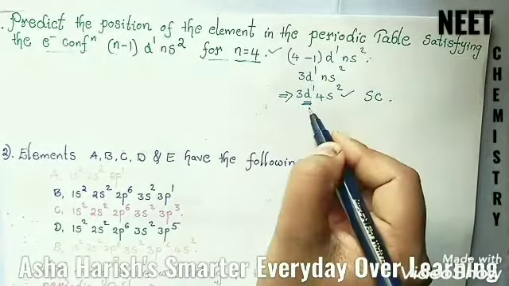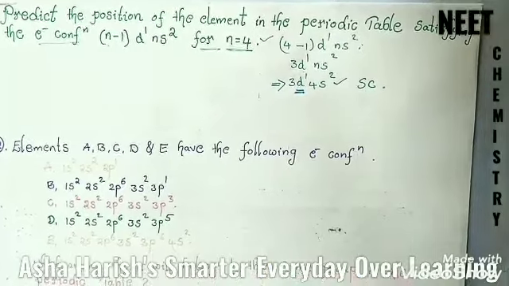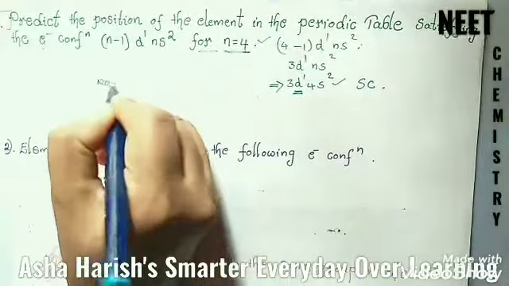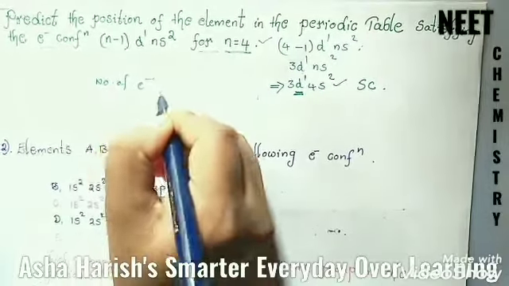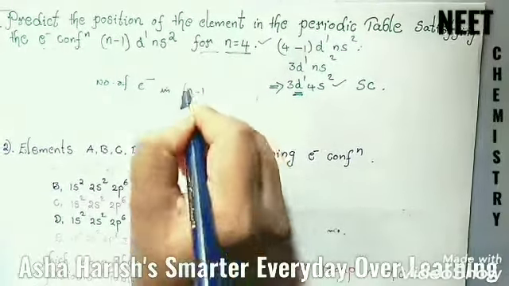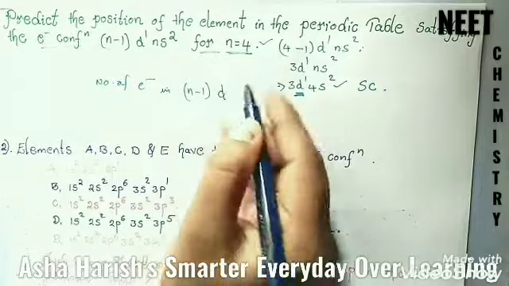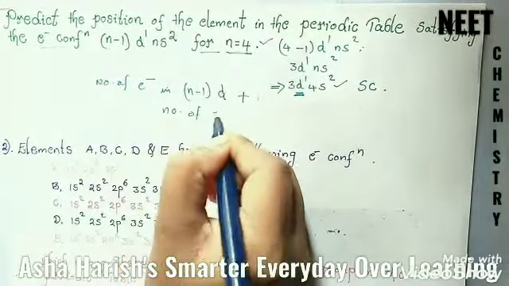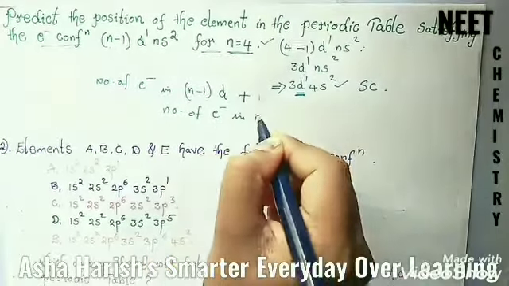To calculate the group number for a d block element, we add the number of electrons in the (n-1)d subshell and the number of electrons in the nth shell.